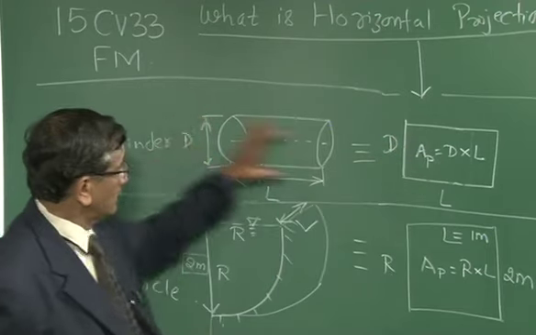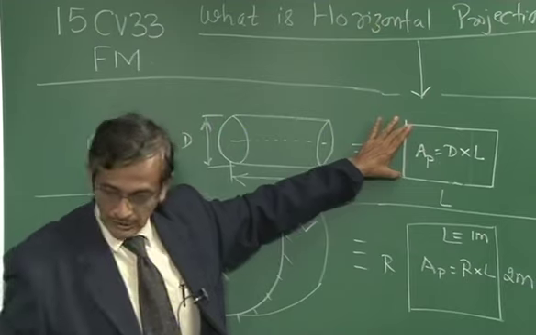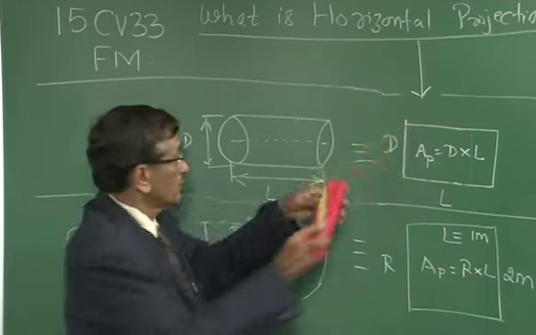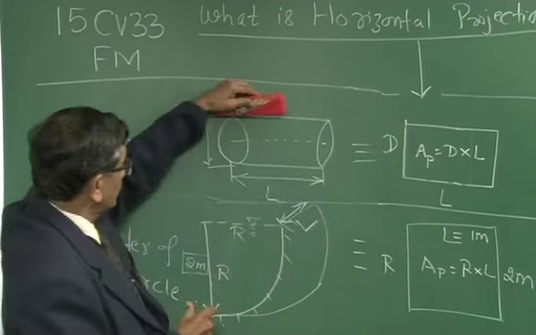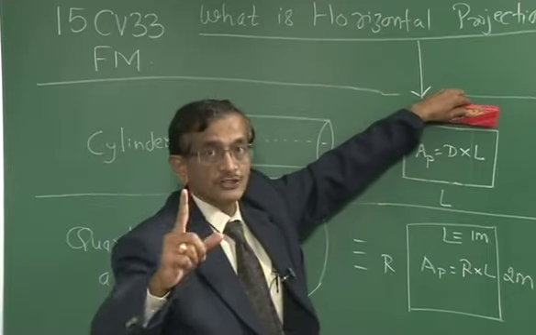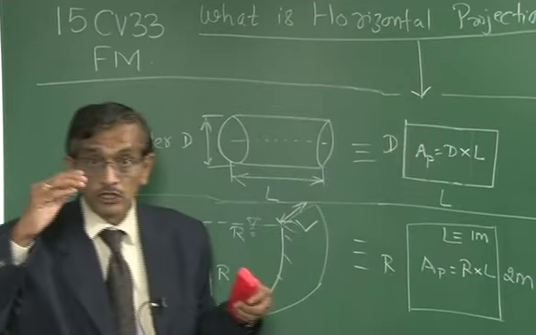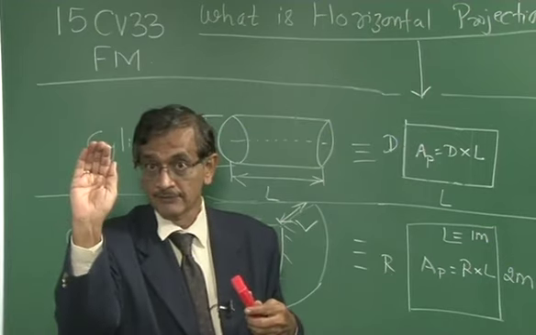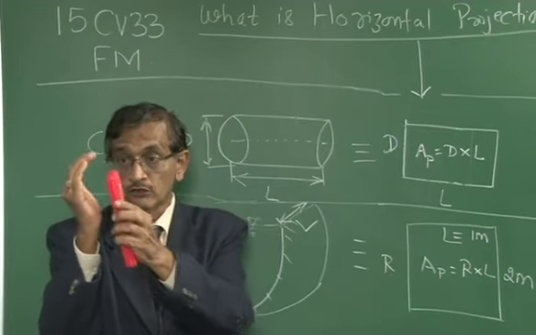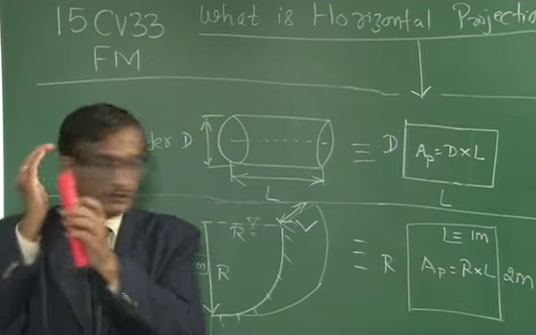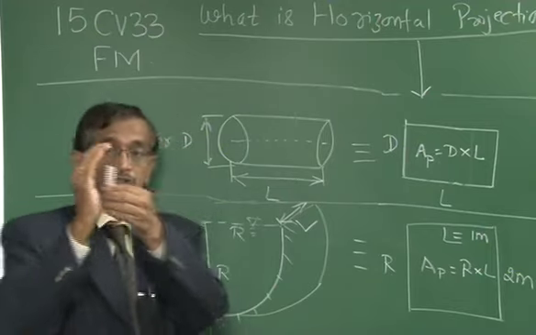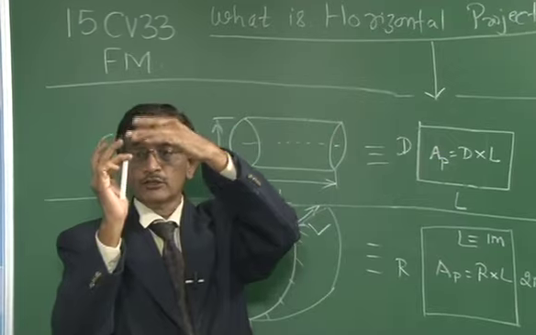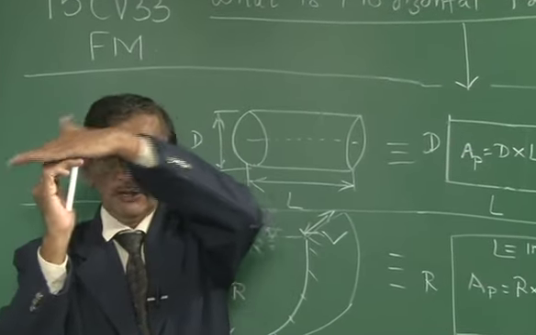This d I will take as the vertical side, and with the length as it is, the area is d into L. It means though it looks like a curved surface, exactly like my hand, I will make it equal to this length into the length perpendicular to it.